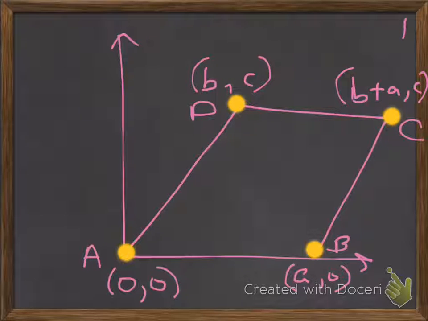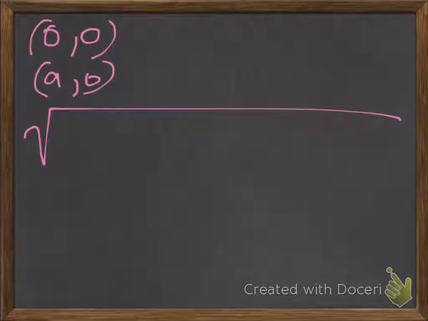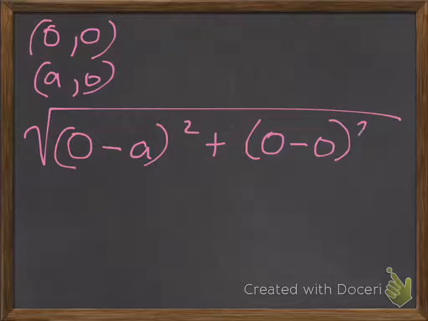And basically what we're going to do here is prove that opposite sides are congruent by using the distance formula. But we're going to be using the letters that we assigned instead of numbers. So if we have, let's say, AB, the distance formula, 0, 0, A, 0, it's 0 minus A plus 0 minus 0.